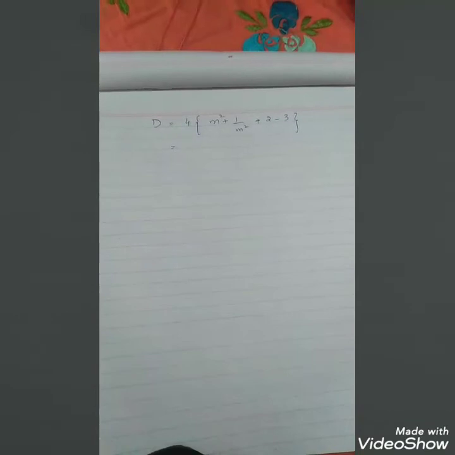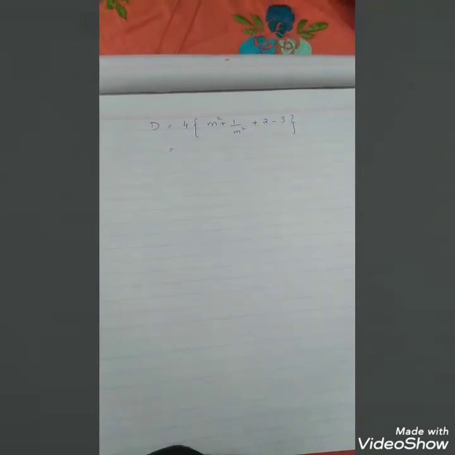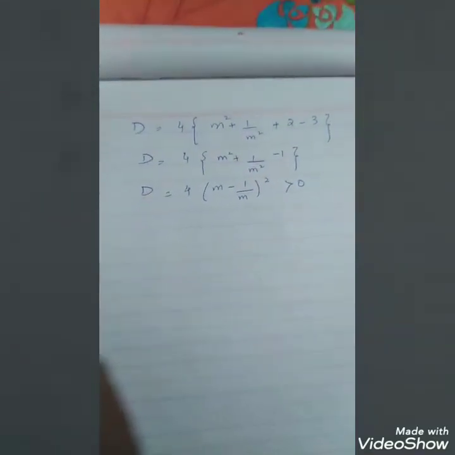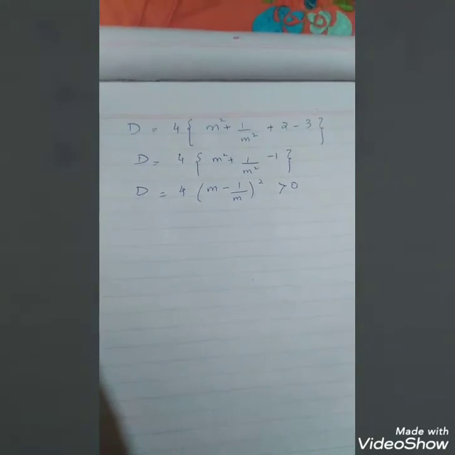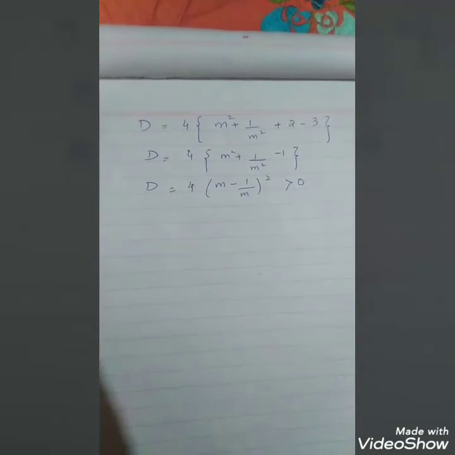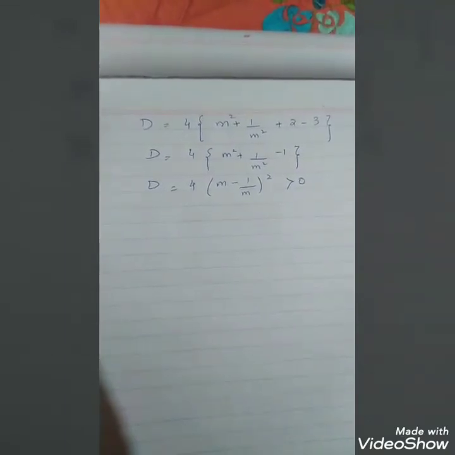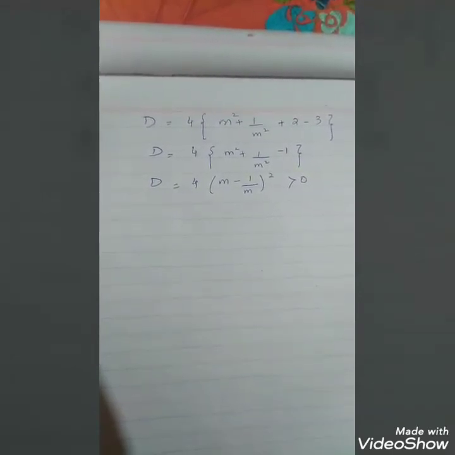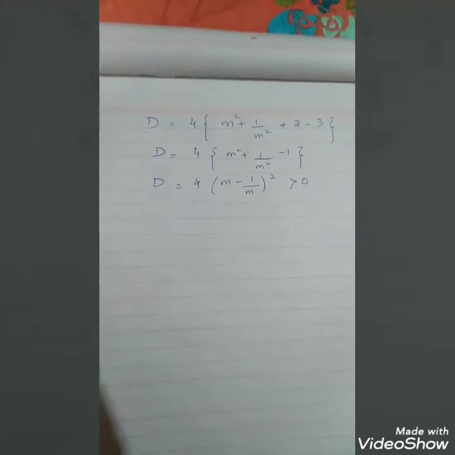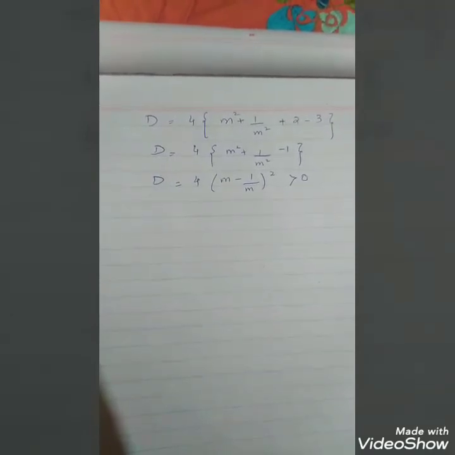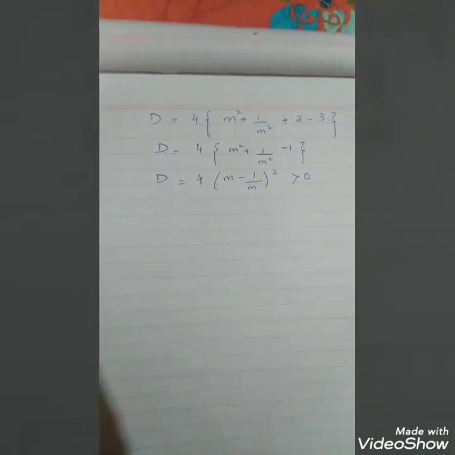Now you can see in the next step what we have got. We have got 4, and inside the bracket we have m square plus 1 upon m square minus 1, and we know that the thing inside the bracket is the formula for the whole square of m minus 1 upon m. Now you can see that this whole term is greater than 0 because 4 is a positive integer, m minus 1 upon m whole square is a positive term because of the whole square, and when we multiply two positive terms we get a positive term.